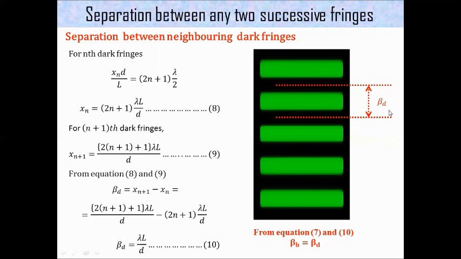If beta D is the separation between any two successive dark fringes, where the subscript D stands for dark, the value of beta D can be obtained by subtracting equation 8 from equation 9.